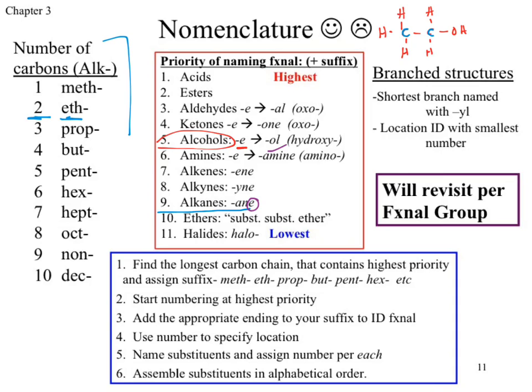Nomenclature came from a bunch of old guys, probably white guys, sitting around a table saying, this is how we are naming it, period. Anything that differs from this is wrong. Okay? There's some logic to it. There's some sense behind it. But as you will encounter multiple times, there's plenty of cases where it's just like, what the heck were you thinking when you tried to come up with this naming system?